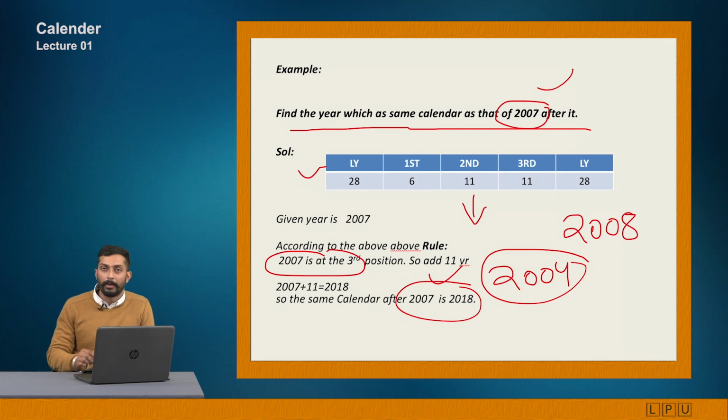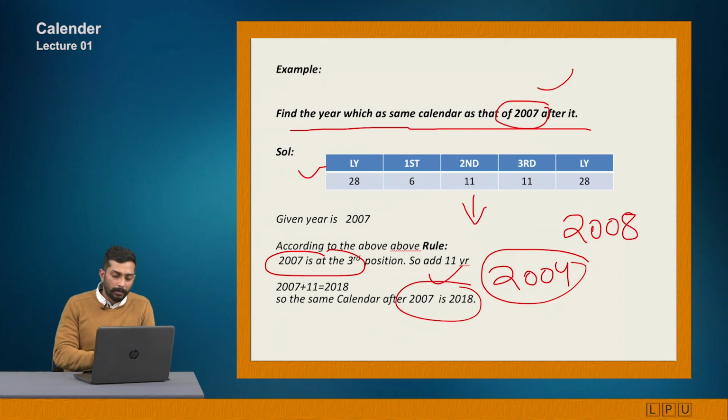So this is all about the concept of calendars, and the questions are solved based on the concept taught. We have to remember how to solve using odd days, whether finding a particular date or finding the same calendar. The only thing we have to understand is the number of odd days.